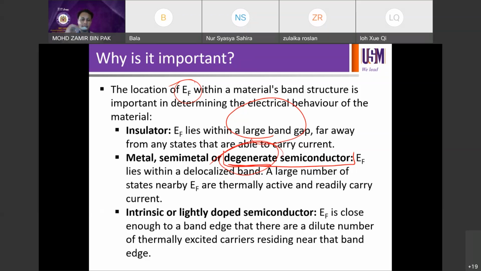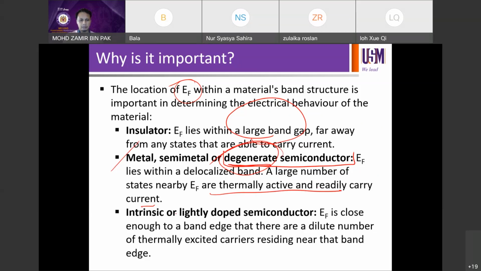We're going to see that later on. So for these categories of materials, the EF lies within a delocalized band. A large number of states nearby EF are thermally active and readily carrying the current because of the overlap between the VB and CB.